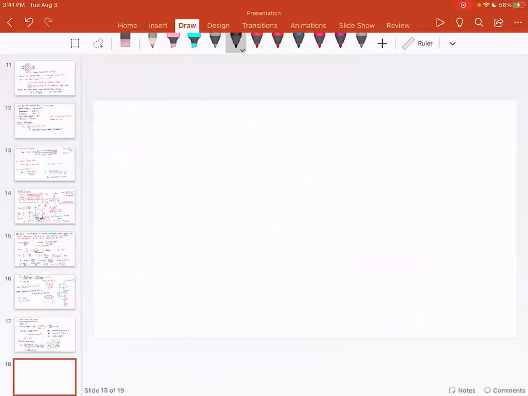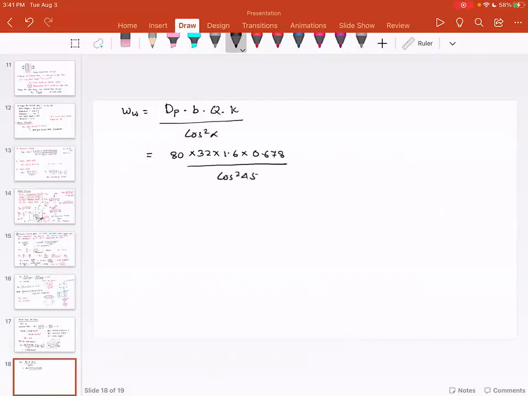And from that, we should be able to find out the value of WW, which is dP B Q K divided by cosine square alpha, equal to 80 multiplied by 32 multiplied by 1.6 multiplied by 0.678 divided by cosine square 45.